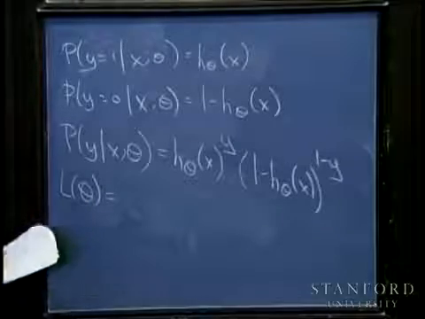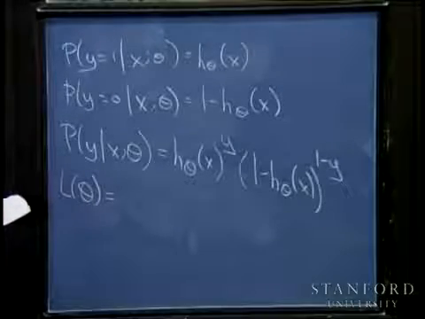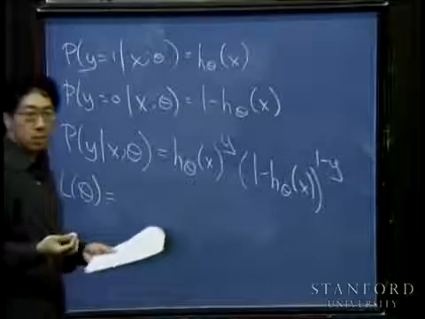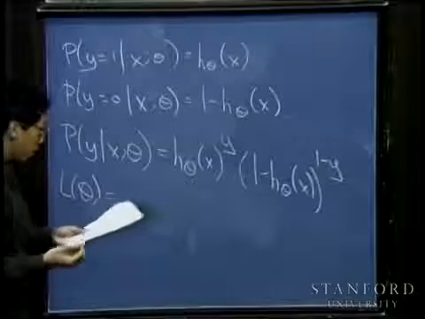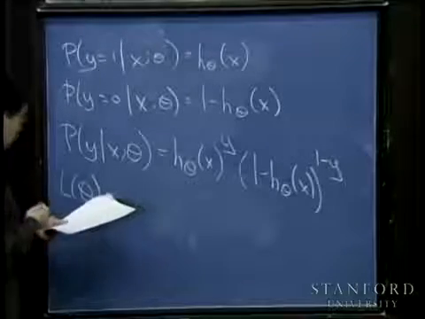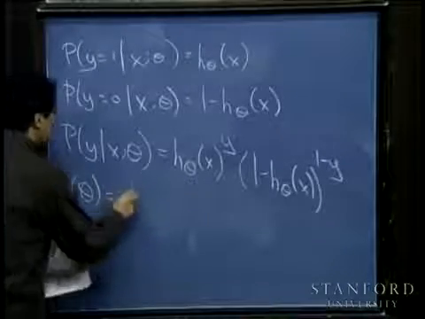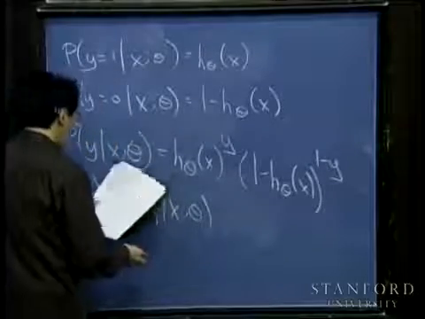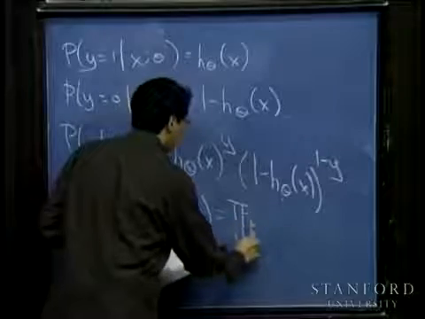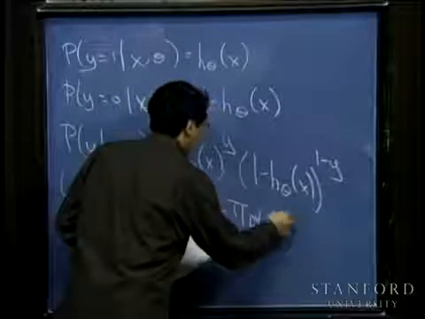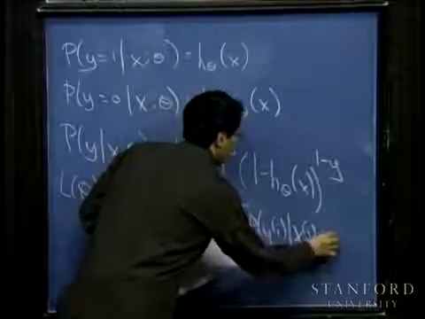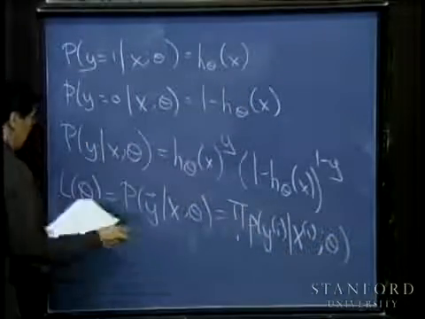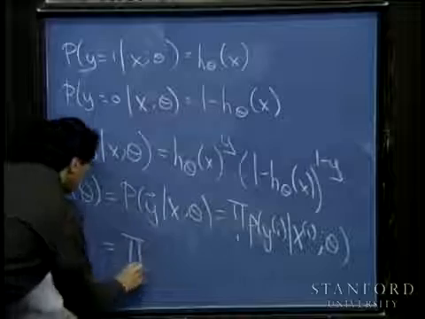So let's talk about parameter fitting. Given this model of my data, how do I fit the parameters theta of my model? The likelihood of the parameters is, as before, just the probability of the data, which is the product over i of p of y_i given x_i, parameterized by theta, which is just plugging this in.